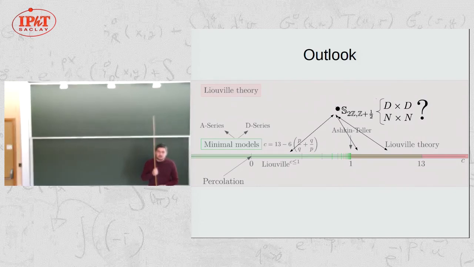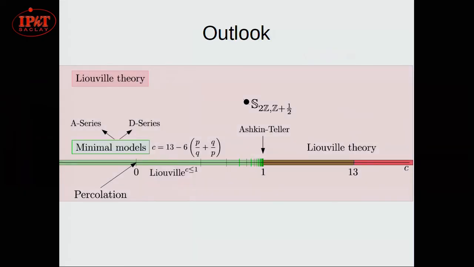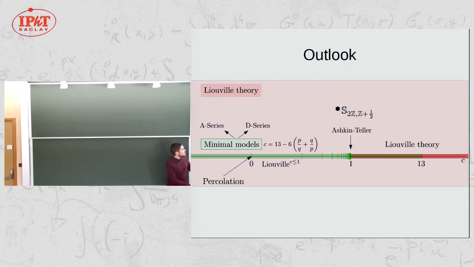What is special with 13 in your work? Oh, this is because of the central charge of the minimal models. First of all, it takes this form. So we are always in this sector here, and by taking this limit, we will never go above.